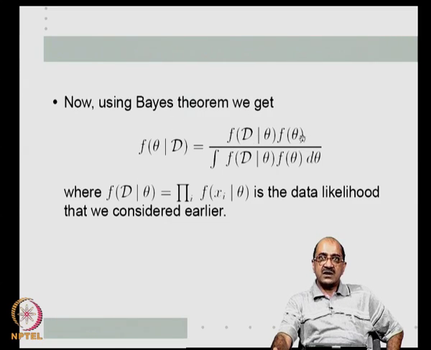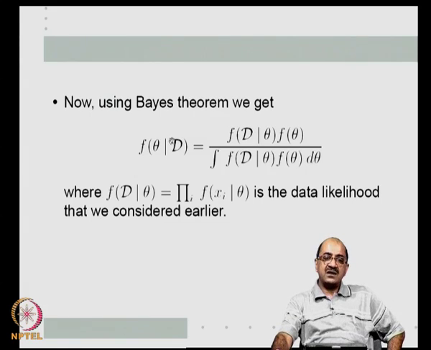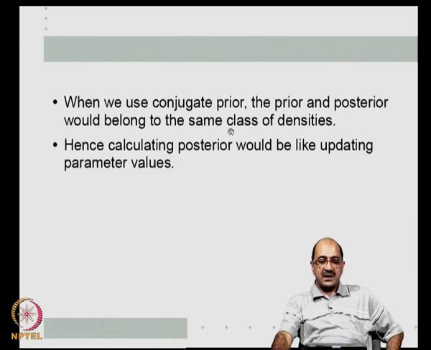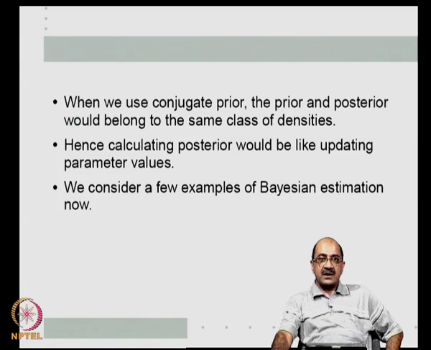So, to transform f theta to f theta given d, I only have to know the new mean and variance. Because the prior and posterior belong to the same family of densities, transforming prior to posterior is just a parameter update step. We are going to consider examples.